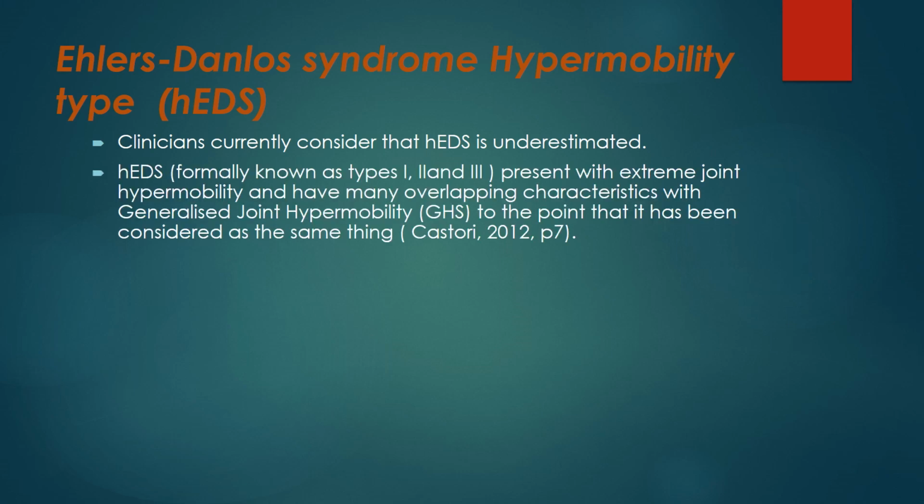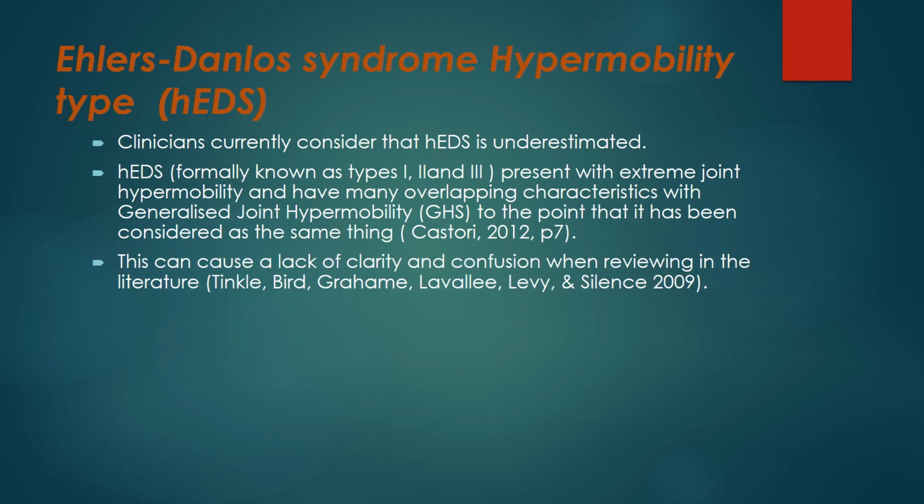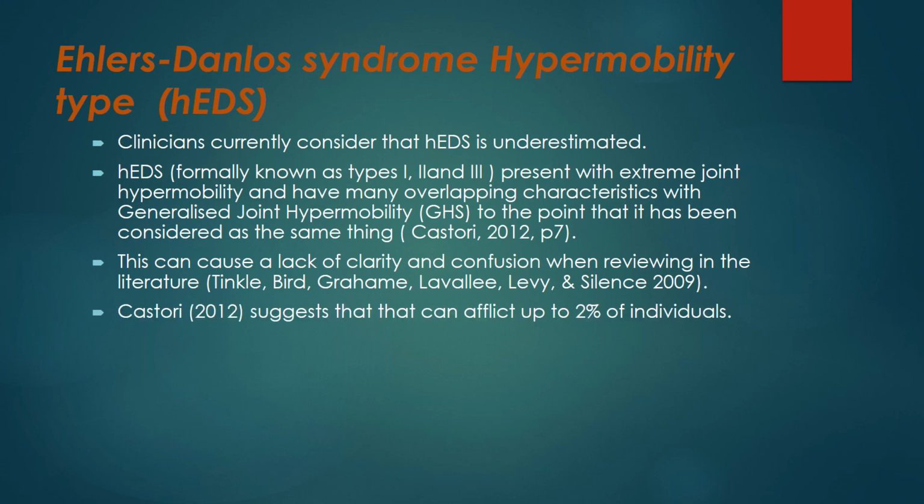It was formerly known as types 1, 2 and 3 of hypermobility and presents with extreme joint hypermobility and flexibility and may have overlapping characteristics with what we now know as generalized joint hypermobility, to the point that they have in the past been considered the same thing. This has caused a lack of clarity and confusion when reviewing the literature.